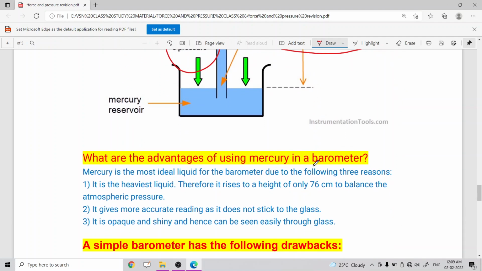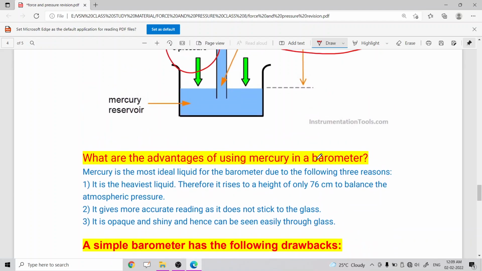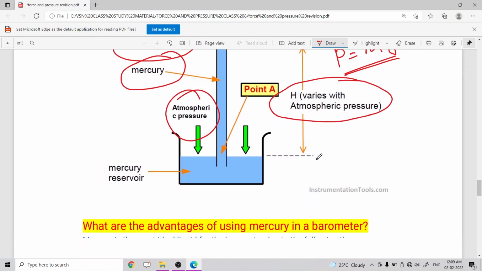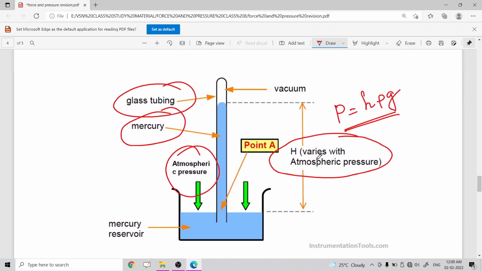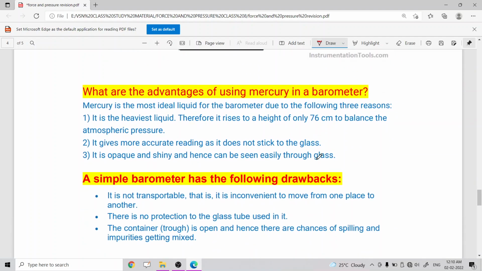Now what is the advantage of using mercury in a barometer? We cannot use water as a barometric liquid; generally we use mercury in a simple barometer as the barometric liquid. Why? Because mercury is the heaviest liquid.